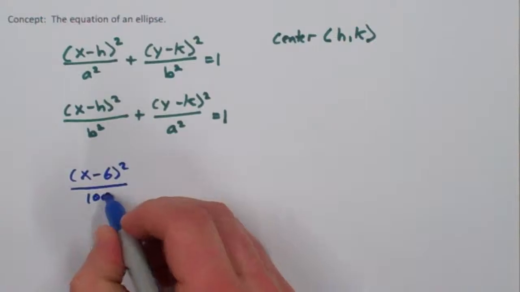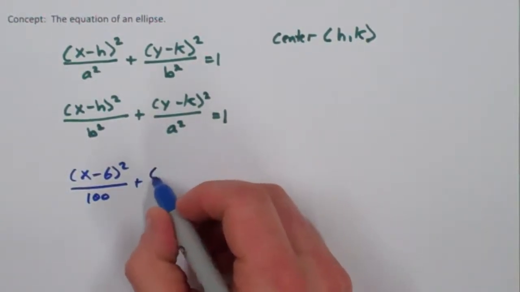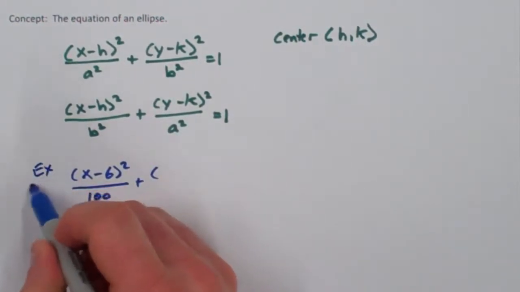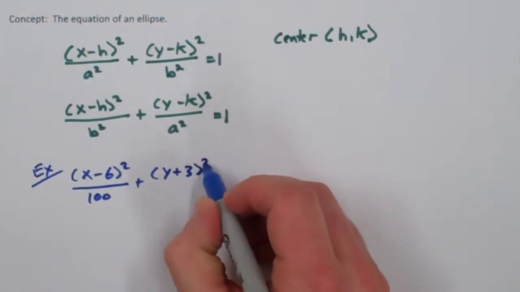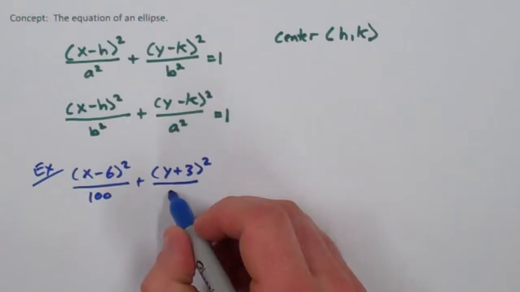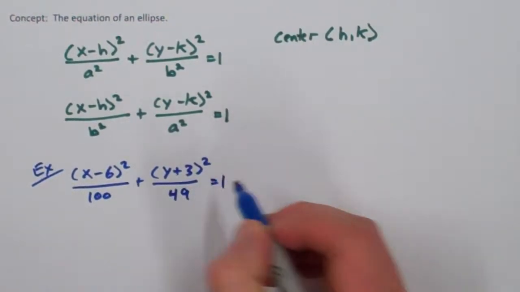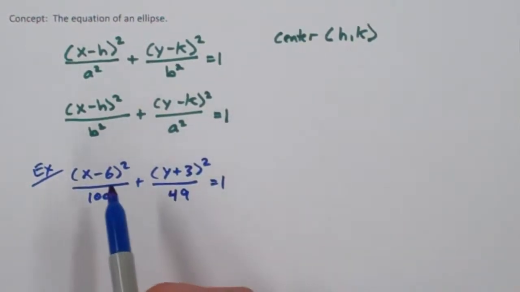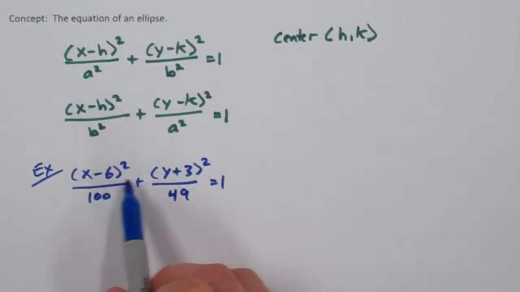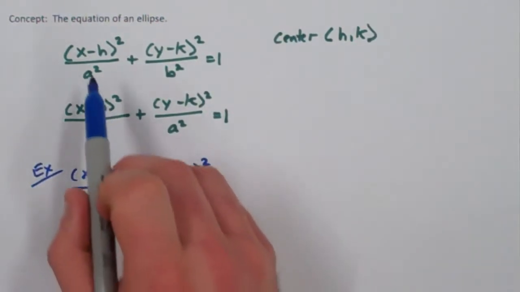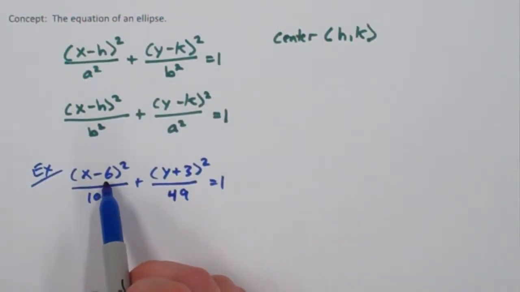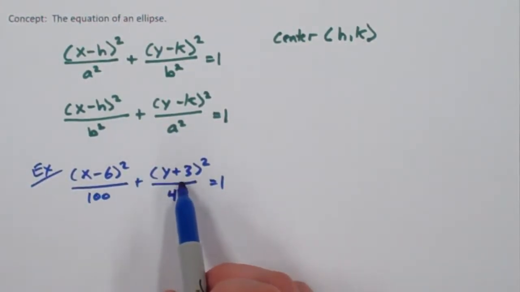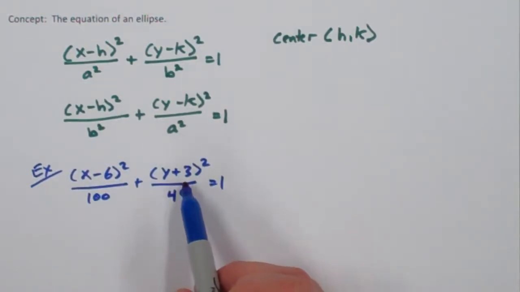We'll do maybe 100 here, and this is just an example, and we'll do y plus maybe 3, quantity squared, over 49, and that'll be equal to 1. So if we take a look at this, the negative 6 here and the positive 3, we're really looking for the opposite of each one of those. So the center of this one would be at 6 comma negative 3.